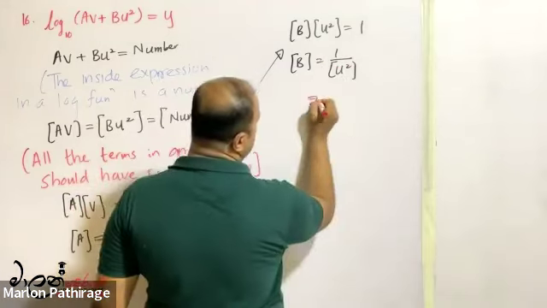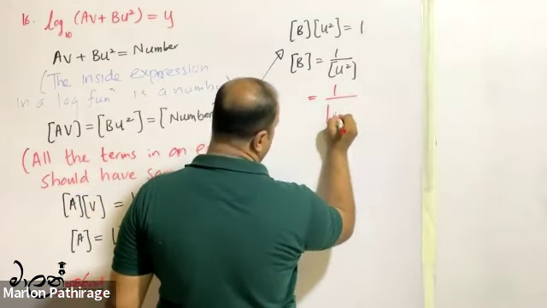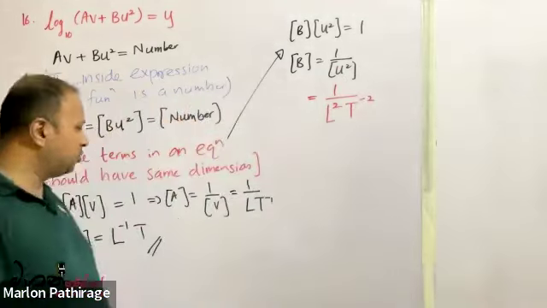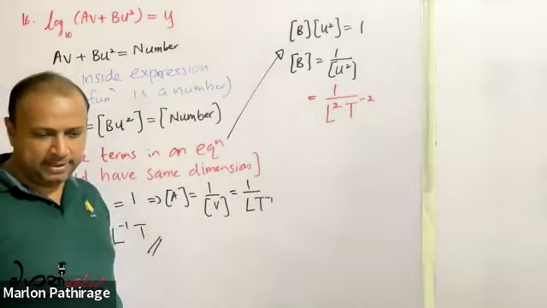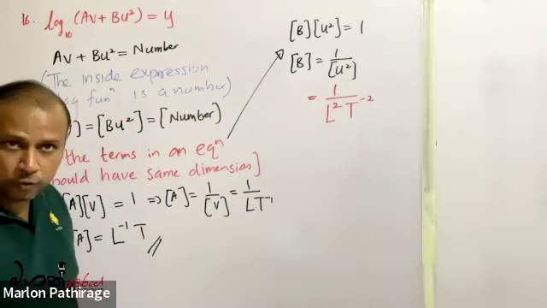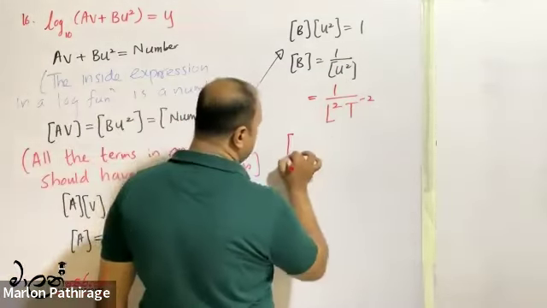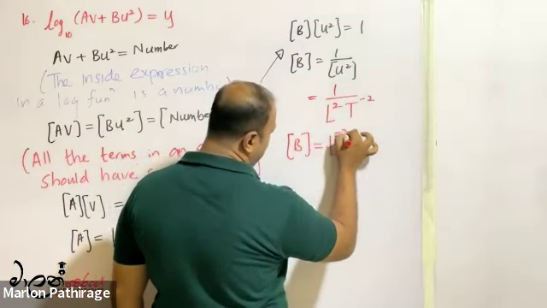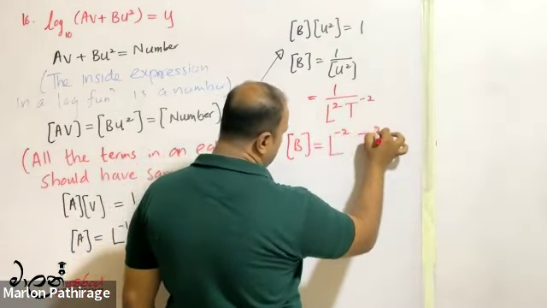Therefore, this is equal to 1 over L square T minus 2. Therefore, dimension of B is equal to L minus 2 T plus 2.